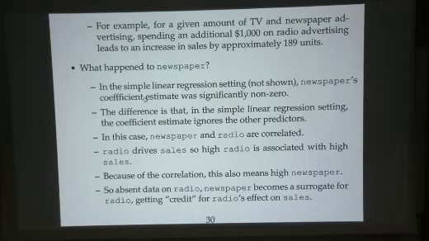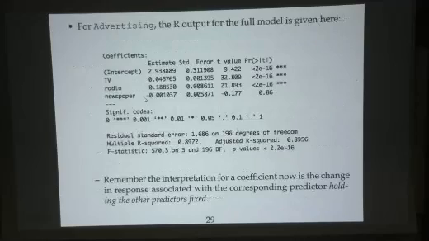An interesting thing to observe, which we have not shown here, is that if you run the simple linear regression with newspaper, it will show that the p-value is significant. That is, if the budget in newspaper increases, then the sales also go up.